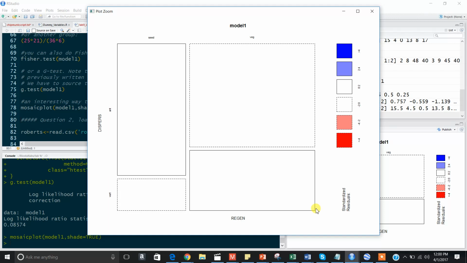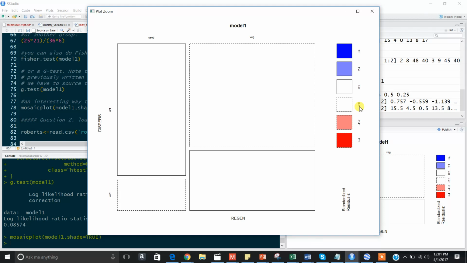However, the value we actually have for the observed for the ants is less than what is expected. We interpret this because the ant box for vegetative regeneration has a dotted outline and is a white box. So we go over to our legend and we see that it's in this range from 0 to -2. So it's up to 2 times smaller than what is expected.